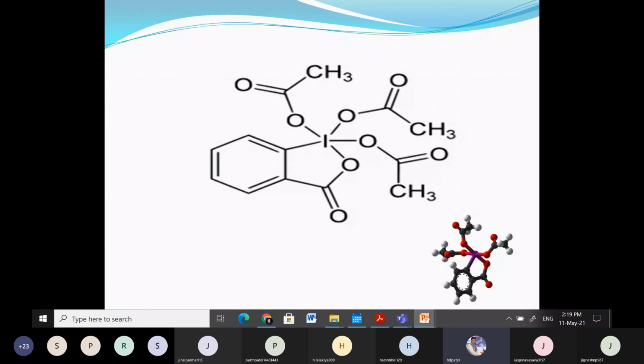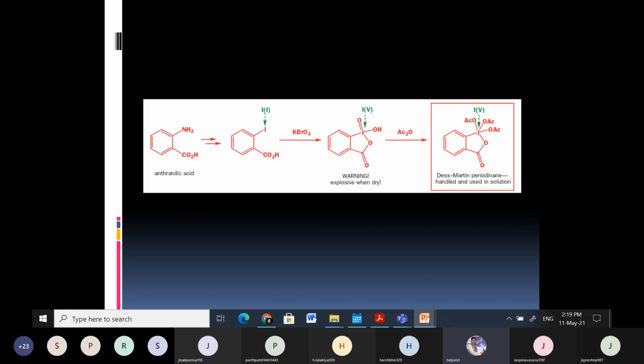Here we are going to now discuss DMP, how we can prepare it. If we have anthranilic acid, we are very much familiar with the Sandmeyer and Gattermann reactions. If we have a primary amine, then we can easily introduce a halogen via the pathway of diazotization. Here we have anthranilic acid.